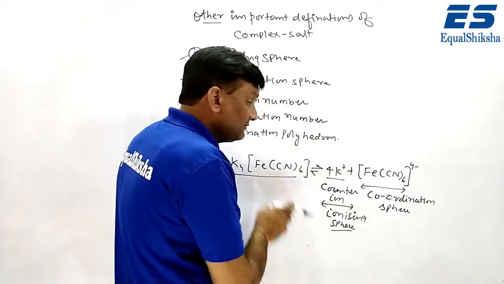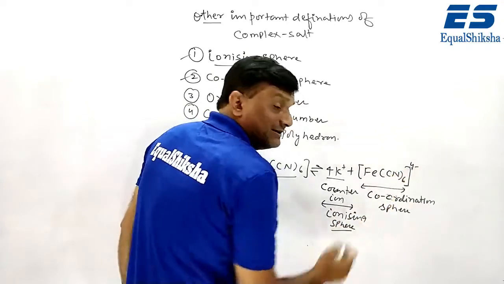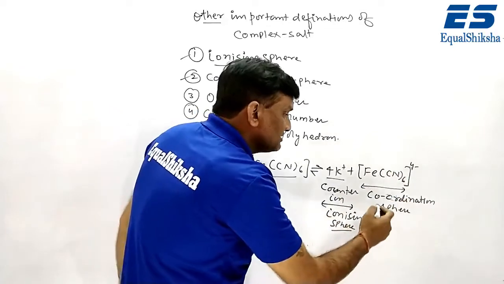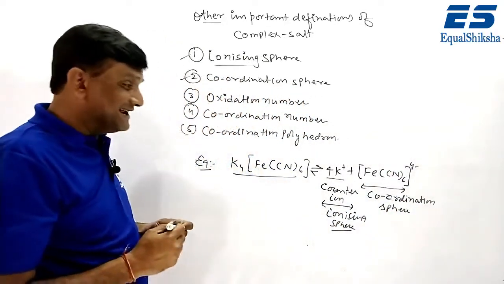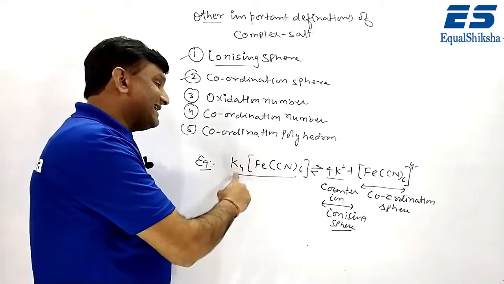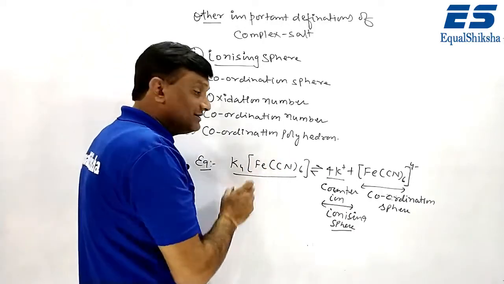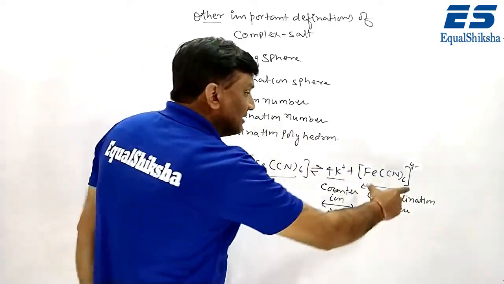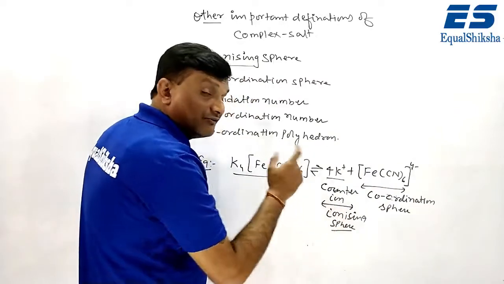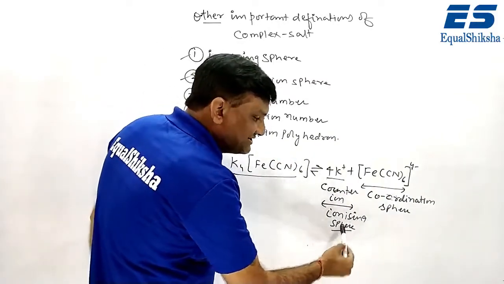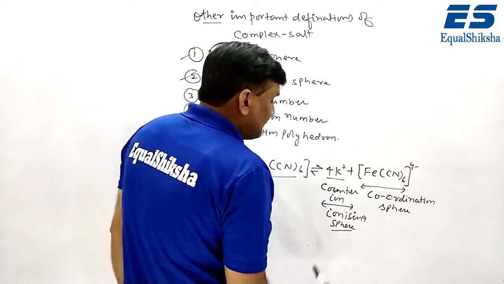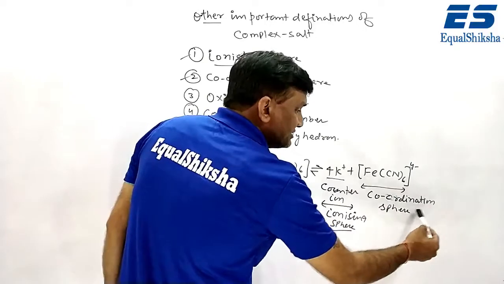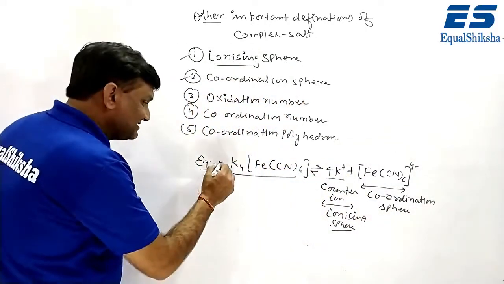The part of the coordination compound which is enclosed by square brackets and contains the central metal atom and ligands both is called the coordination sphere. Once again, if a complex compound dissociates into a cation and a complex ion, then the cation is the counter ion or ionizing sphere, and the part enclosed by square brackets is called the coordination sphere.